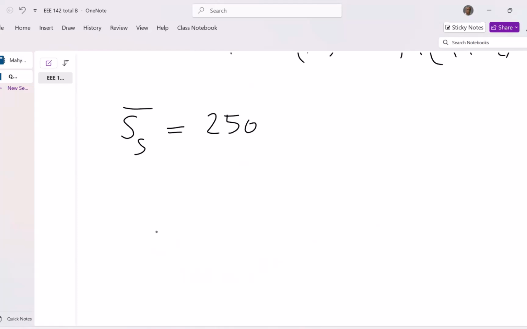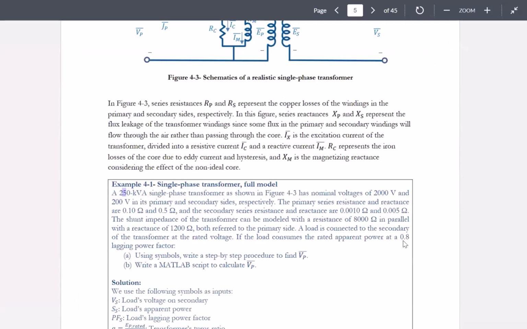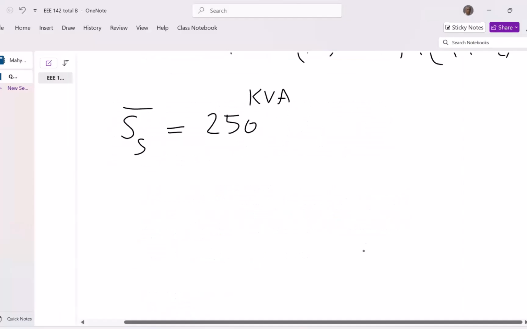So this 250 kilovolt amps gives you the magnitude of that complex power. But that complex power really has an angle also associated with it, which comes from the power factor information. So the power factor is how much? 0.8 lagging.